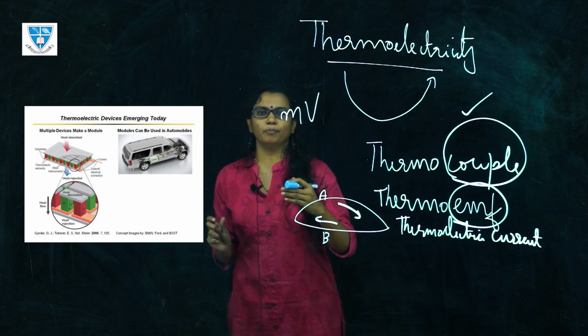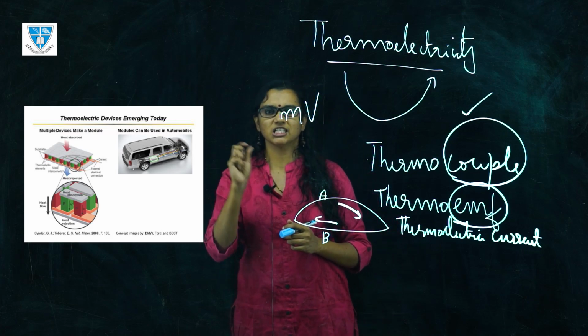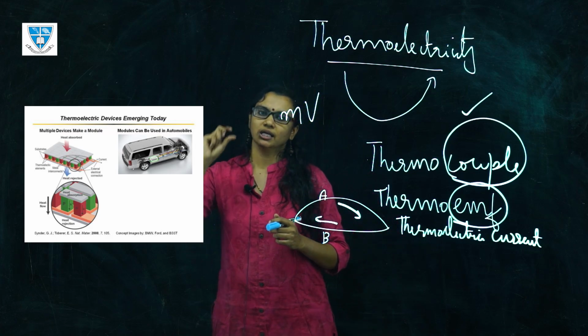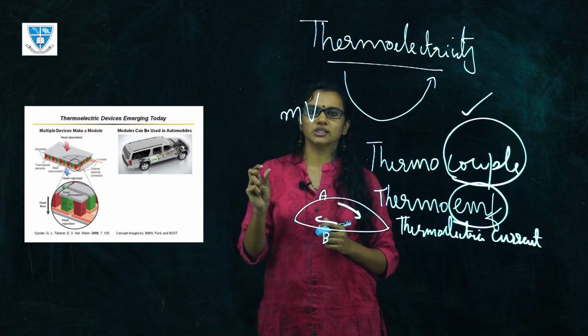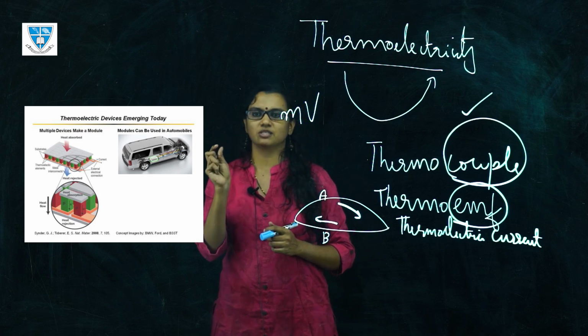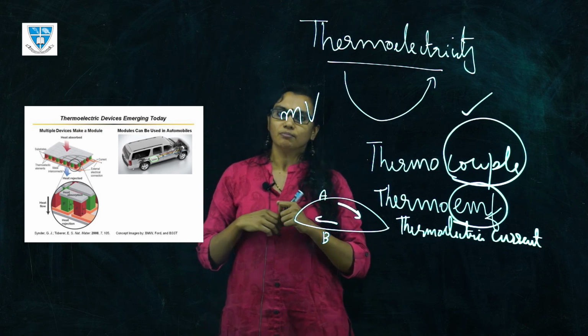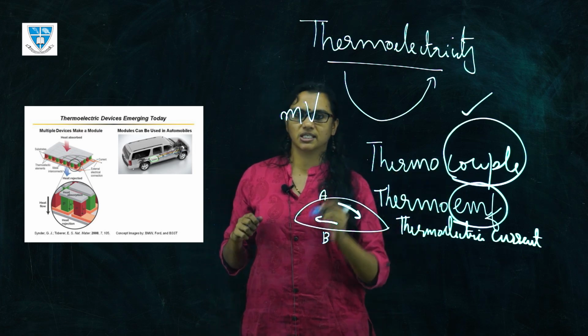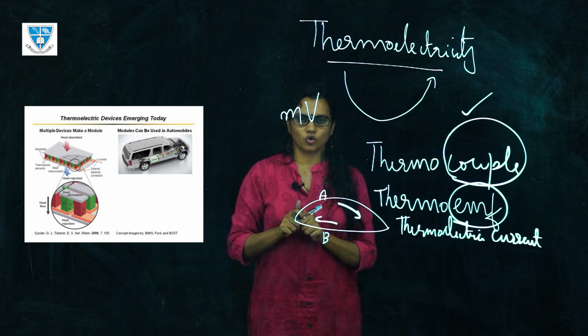So it can be coupled to various devices to read the temperature value very specifically, especially in outer space applications and medical applications. In all these you require a very specific temperature, and this accuracy can be maintained because the thermo-EMF generated is very small and adaptable to current electronics.